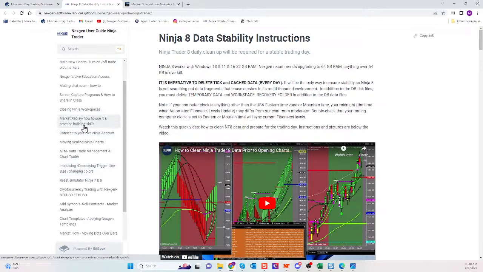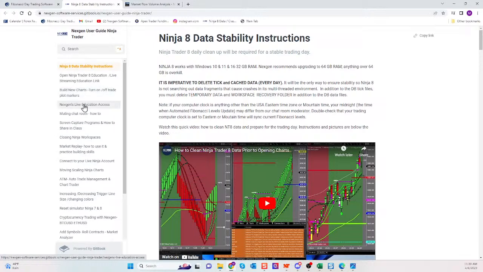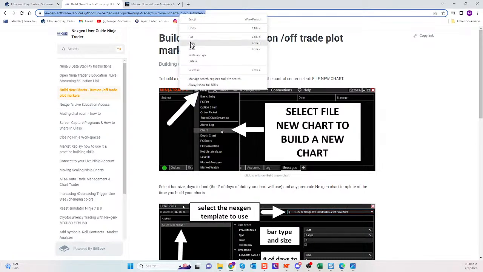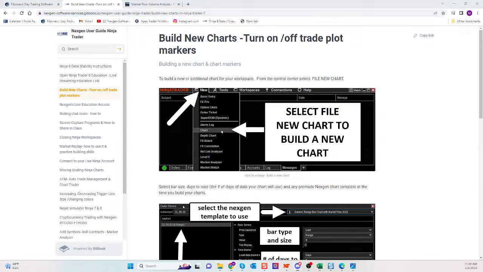I'm not sure where, there we go. And yes, I will show you how I did that, but I'm also going to give you the link so you know how to go back and take a look.